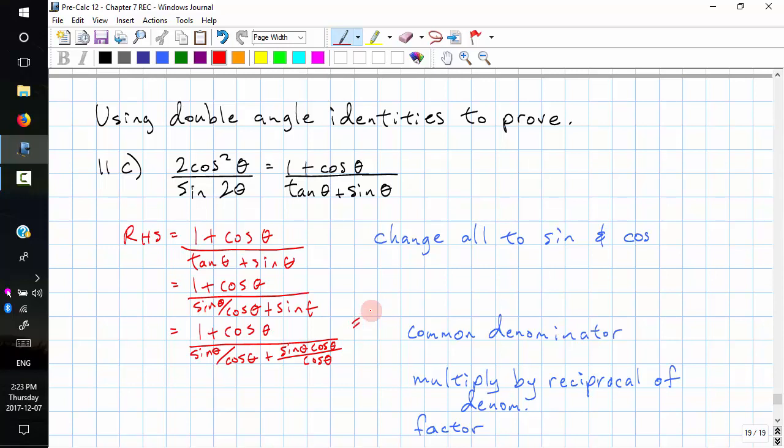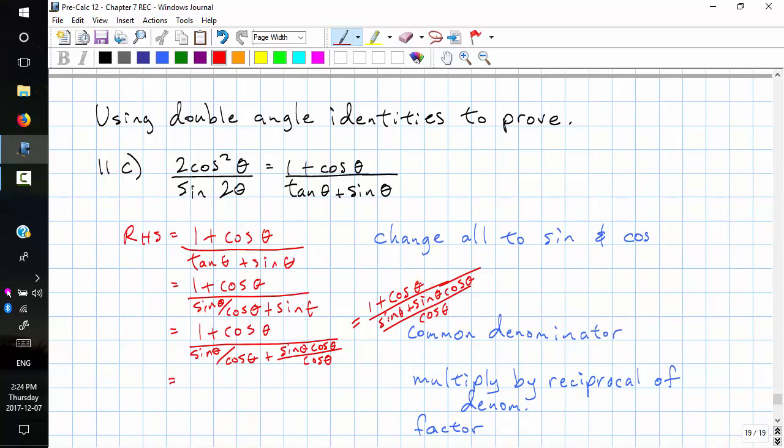I'm just going to write it over here. 1 plus cos theta over sine theta plus sine theta cos theta over cos theta. Make sure you keep your fractions lined up. This is a fraction. We want this line to be shorter than this line, which means divide. Now we want to multiply by the reciprocal of the denominator. This fraction is the denominator, so we need to reciprocate it and multiply.